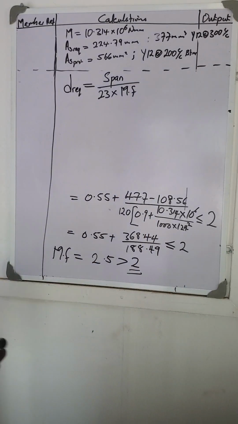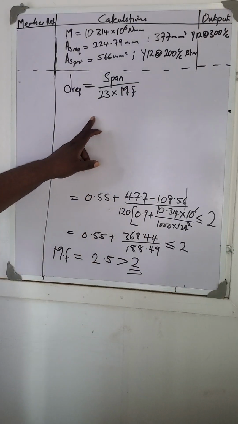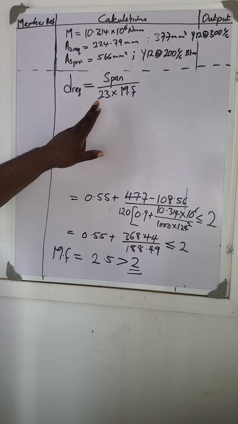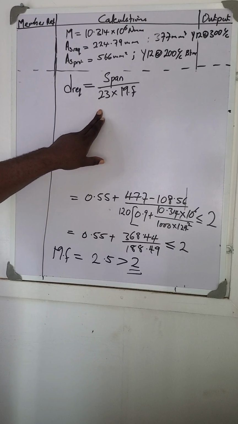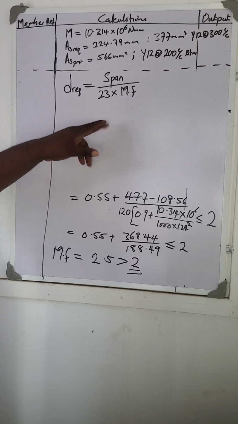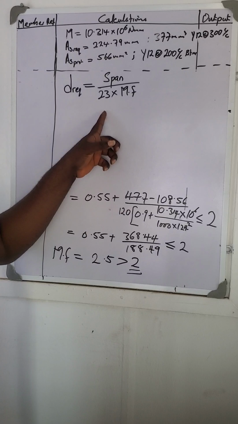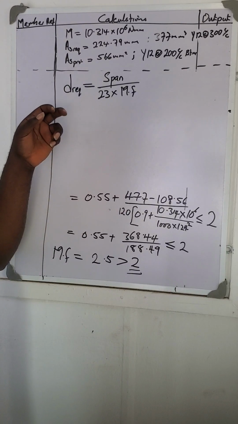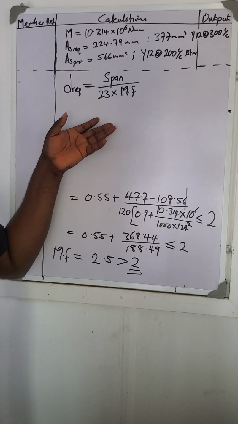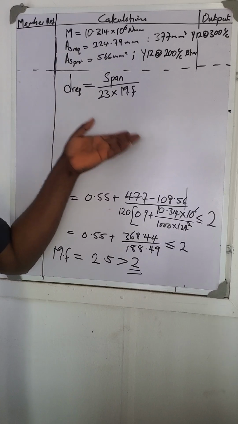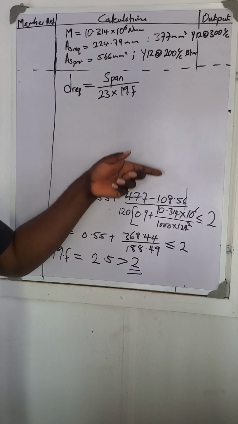Now, in the BS code, the basic span effective depth ratio for a cantilever is always 7, for a simply supported slab 26, and for a continuous slab 20.